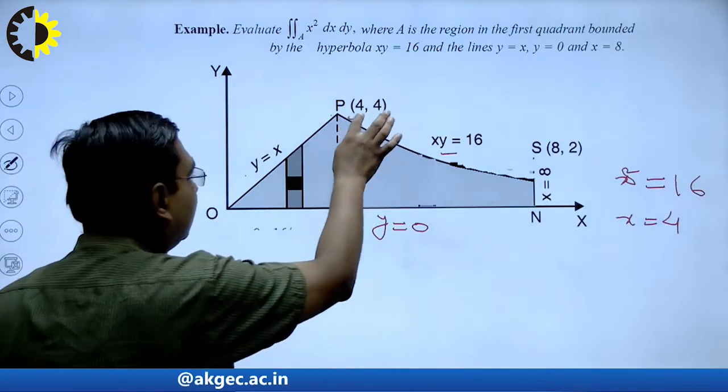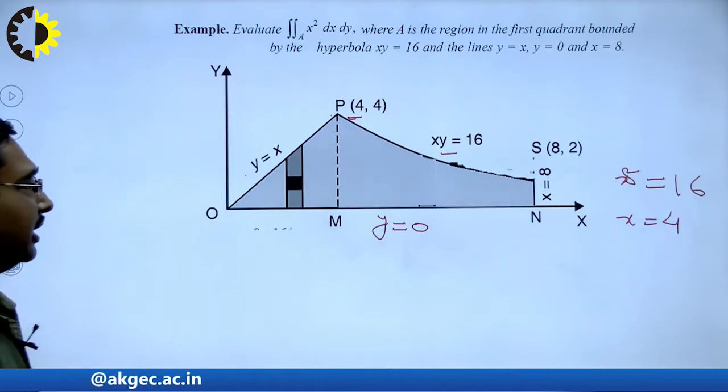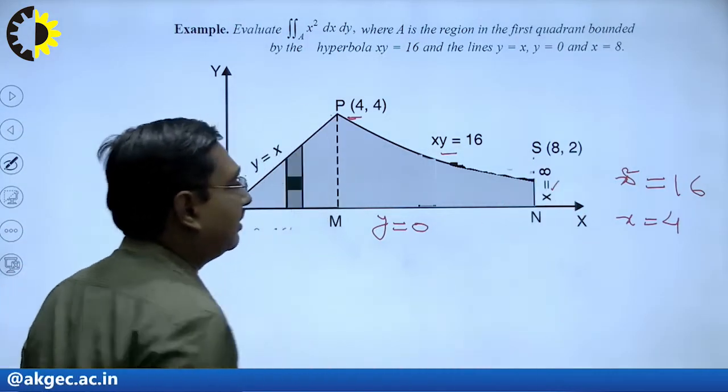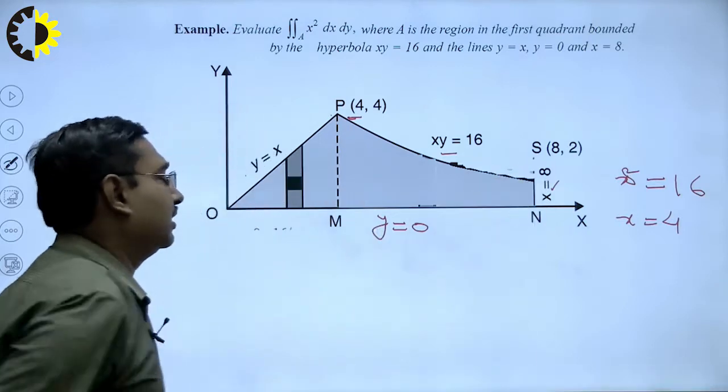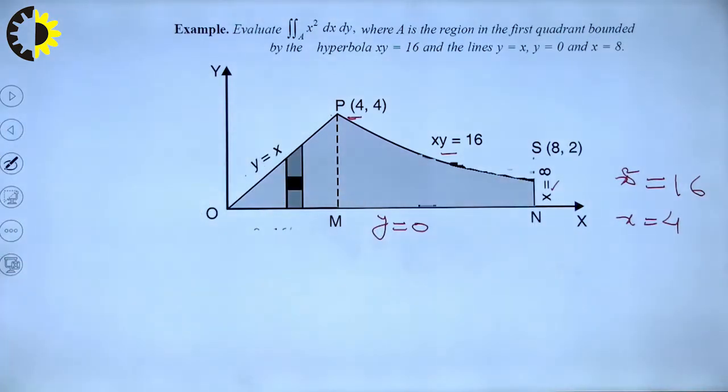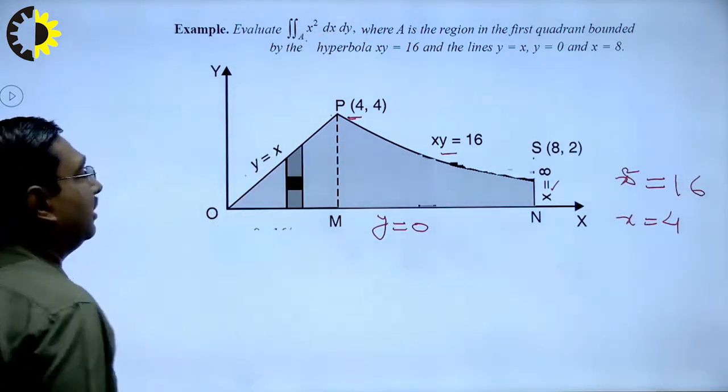So this point is (4, 4), and x equal to 8 was the given line, so the line is drawn away from this point. Now this region is our region of integration given by A.